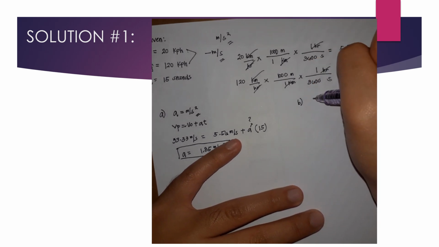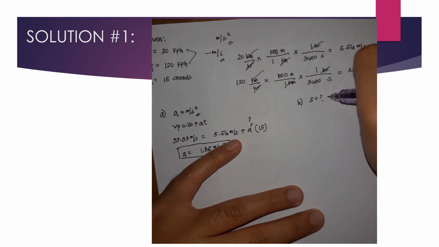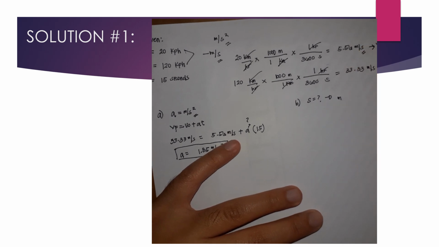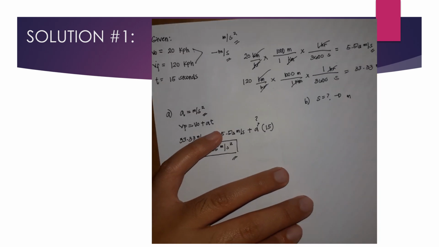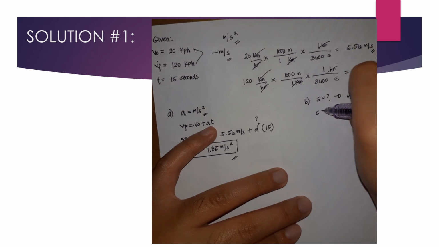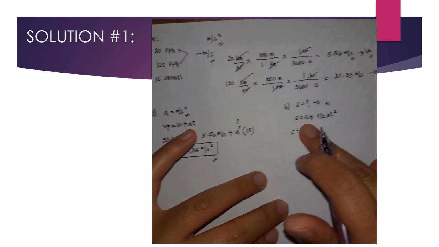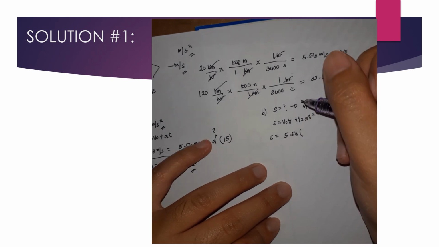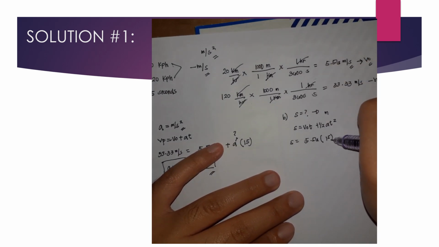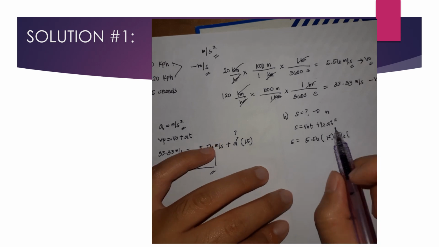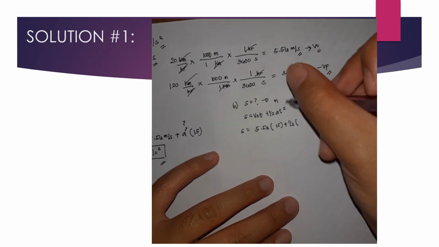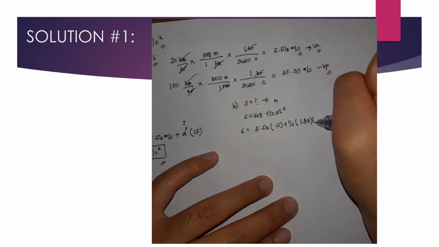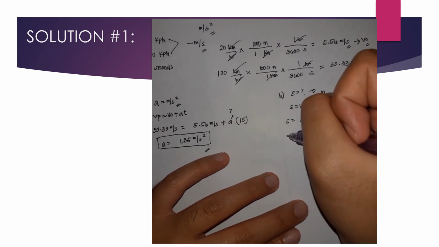So for letter B, we have to identify the total distance traveled, which is again in meters. So we already have our acceleration here. So for solving for S, we can use this formula V0 t plus 1/2 at squared. So our initial, we have 5.56, and our time 15, plus 1/2 our acceleration, which we solved, 1.85, and then time 15 squared.